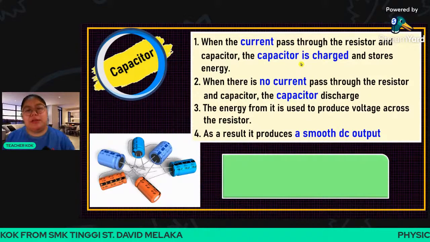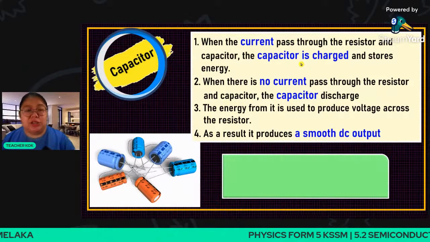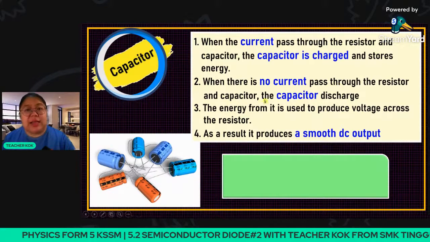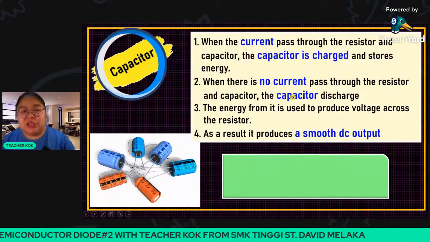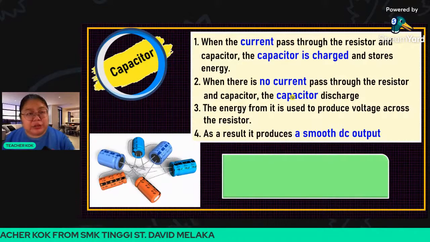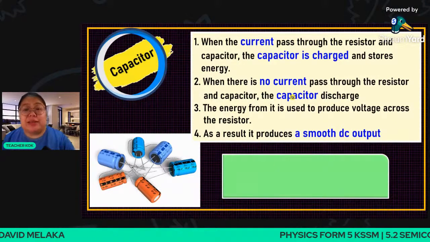So the capacitor keeps the charge and stores the energy. When there is no current passing through the resistor and capacitor, the capacitor can discharge. So I keep the charge, and later when you don't have charge anymore, I provide the charge. This is the function of the capacitor.